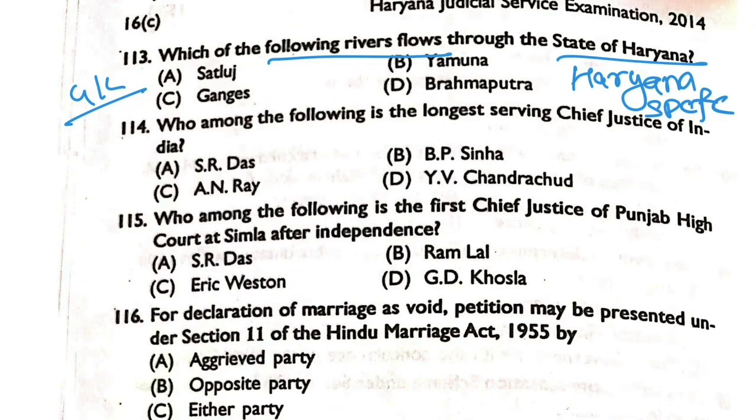Then question 114. Who among the following longest serving Chief Justice? Answer is Y.V. Chandrachud. It's also in the ASAP Law GK book.